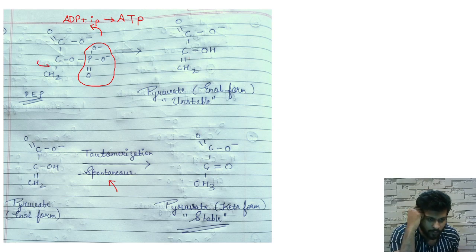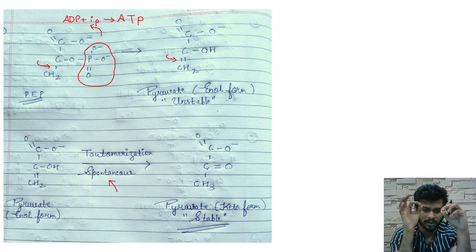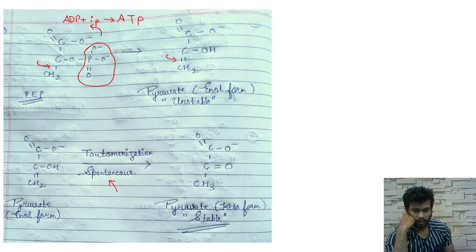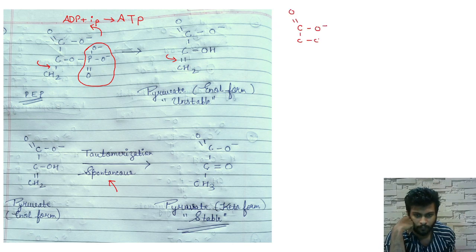Here CH2, above CH2 there was one single bond. Here there are two double bonds. Why is there a change in the number of bonds? You need to understand one thing. Carbon can form a maximum of 4 bonds. So, if we see over here, CH2 I can write like this.